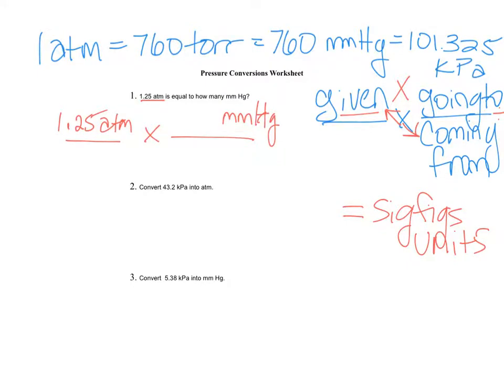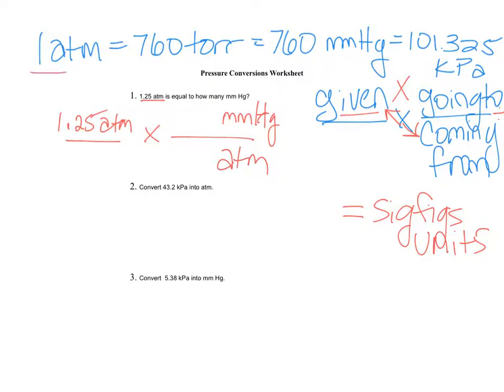All right, and then we said, again, whatever you are given in the problem comes right down here to the bottom. So in this case, I'm going to go ahead and put ATM right here. Those need to match. Now that I have it set up, now I can focus on putting my numbers in.